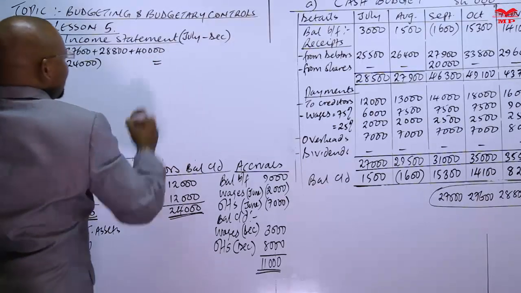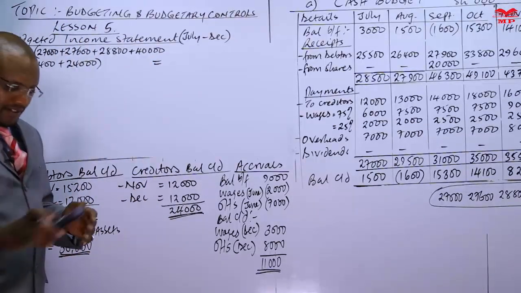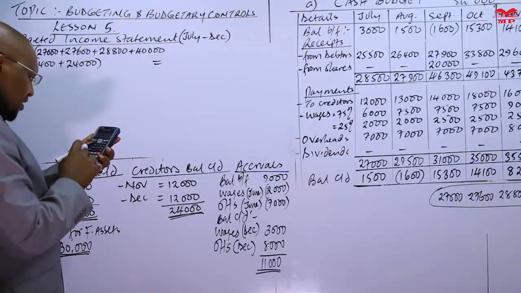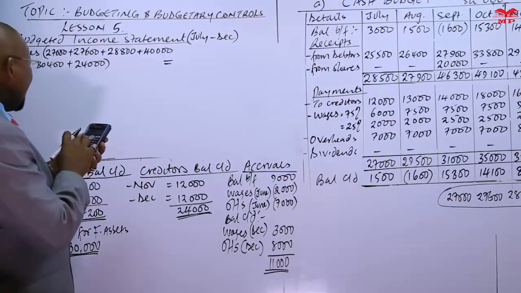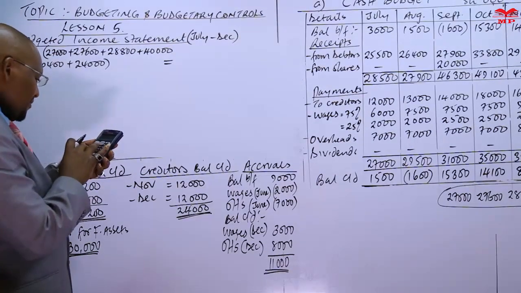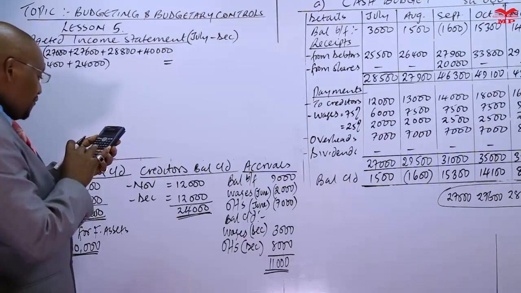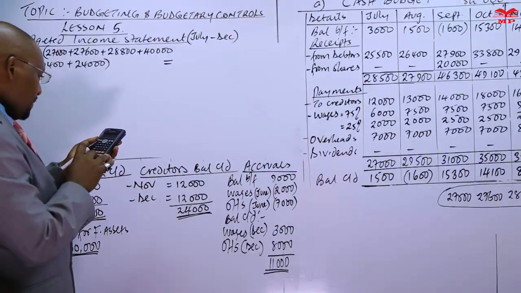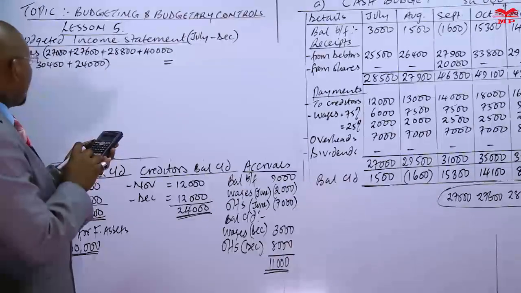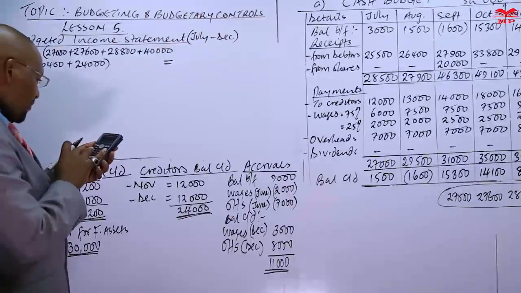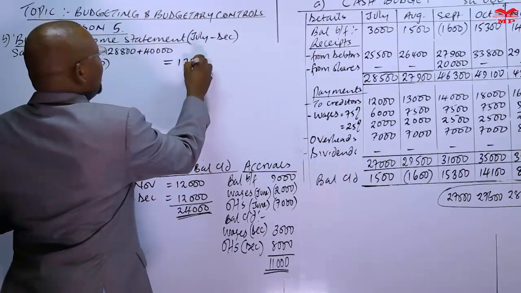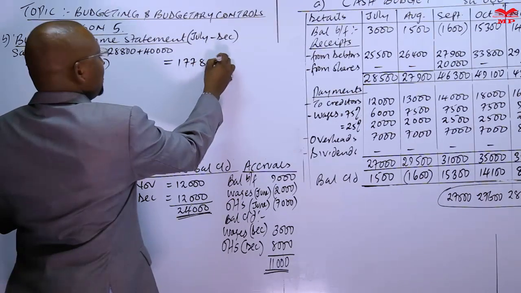So I'll be able to get total sales. Doesn't matter whether we have received the money or not. 27,000 plus 27,600 plus 28,800 plus 40,000 plus 30,400 plus 24,000 equals 177,800.